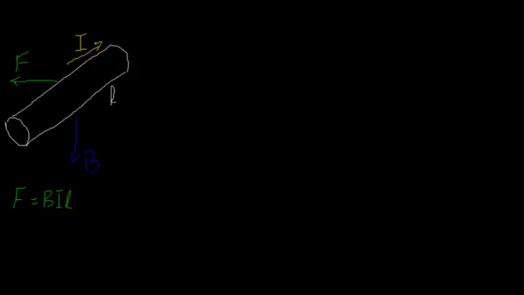But the proper name for this quantity B, as it is defined in this equation, is actually magnetic flux density.